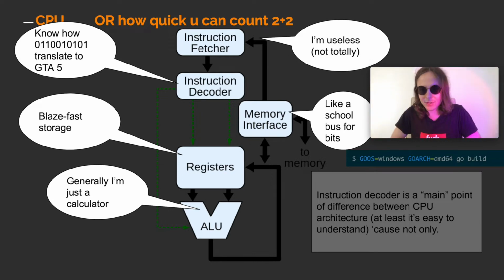Or multiplication, etc. The instruction decoder, as I said, knows how to create your instructions from some kind of binary stream, and what exactly to do according to each instruction.